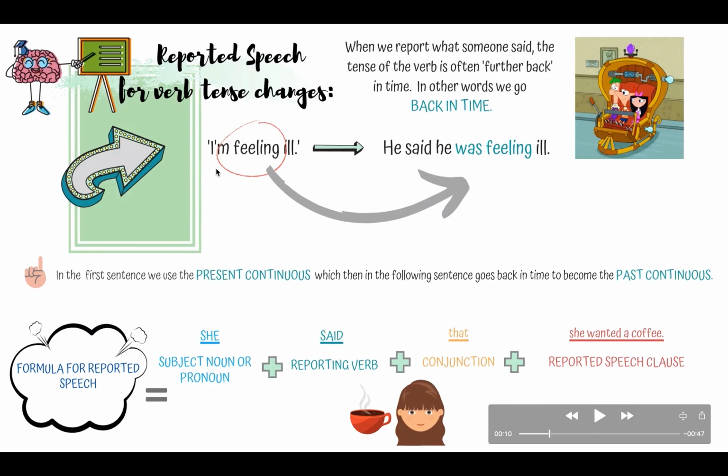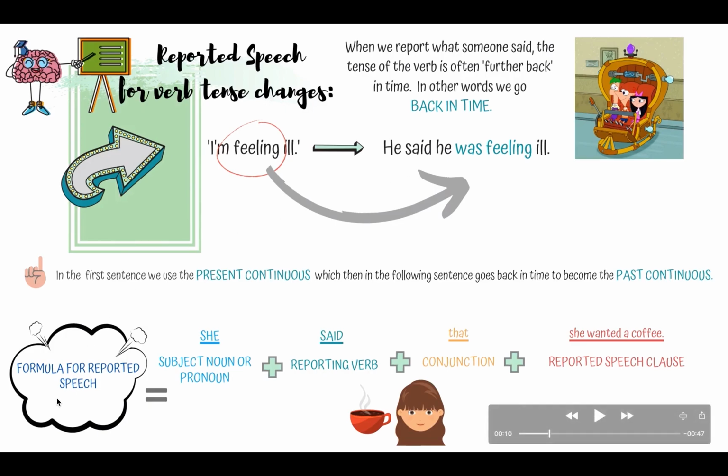Now, somebody says this, and it then gets changed into the past continuous because this is the present continuous, and somebody is reporting what this person has said in the past. Okay? So, in the first sentence, as we said, we use the present continuous, which then in the following sentence goes back in time to become the past continuous.